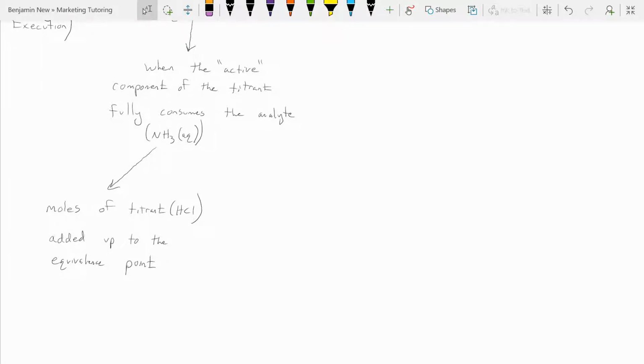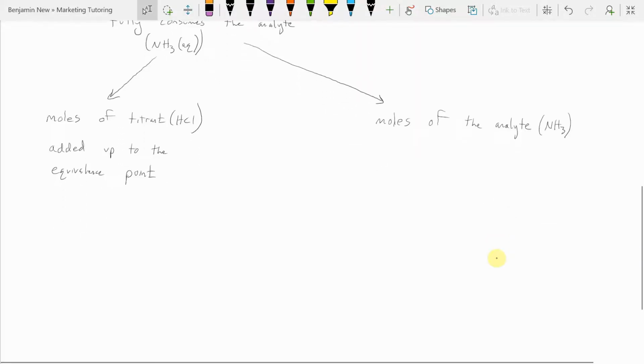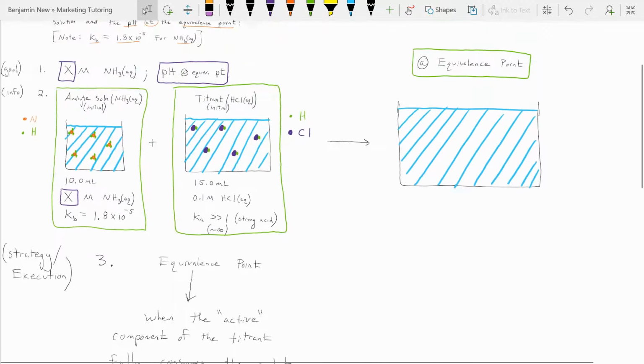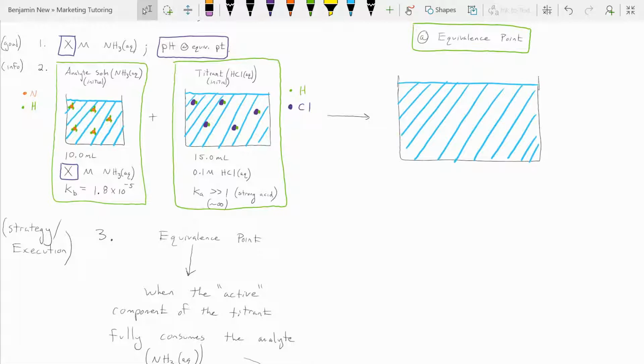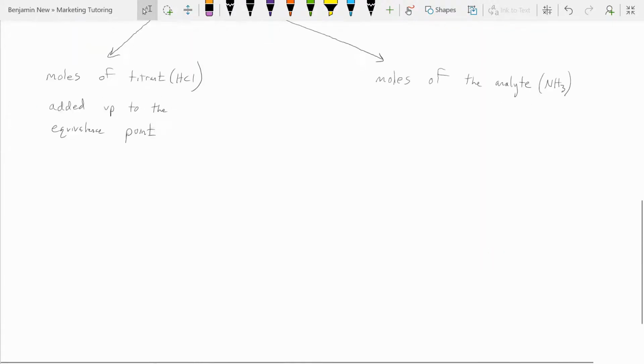So after we do that, then we're going to do the same thing except for the number of moles of ammonia. So we're going to find at least an expression for the moles of the analyte ammonia. Okay. All right, so let's do that. Let's come up with some expressions for both of these sides. And if you want a quick glance at the high level stuff again real quick before we start, take a moment and just look at that. Okay, let's go ahead and get started.